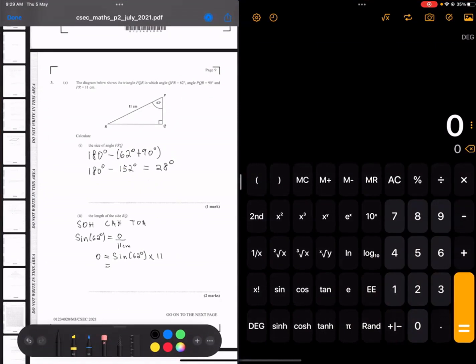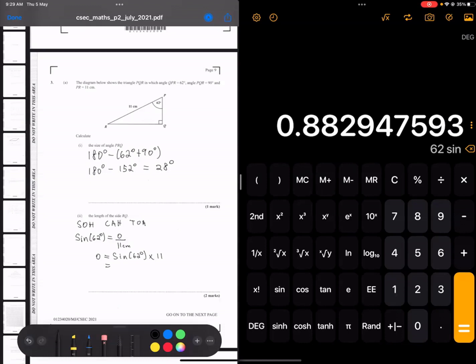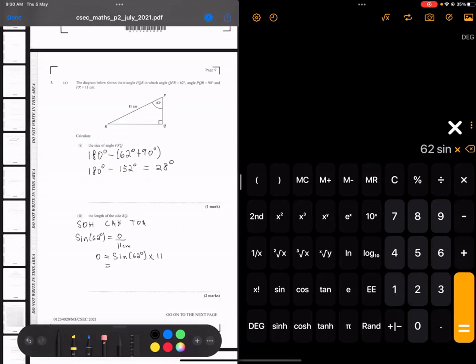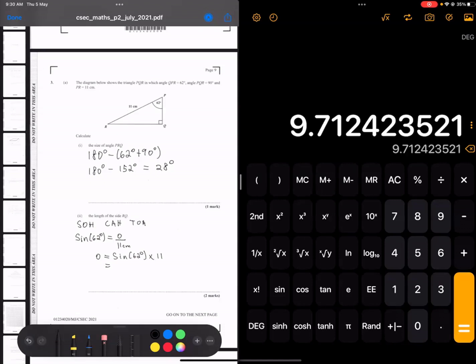Don't mind my calculator, it's a little bit special. I have to put 62 first before the sine, which gives us 0.8829, as you can see. And we're going to multiply that by 11, which would then give us a length of 9.71242.